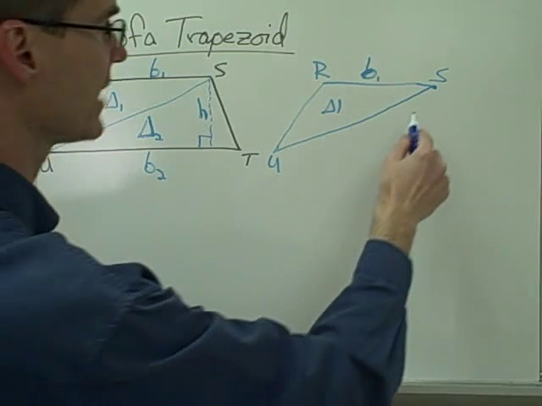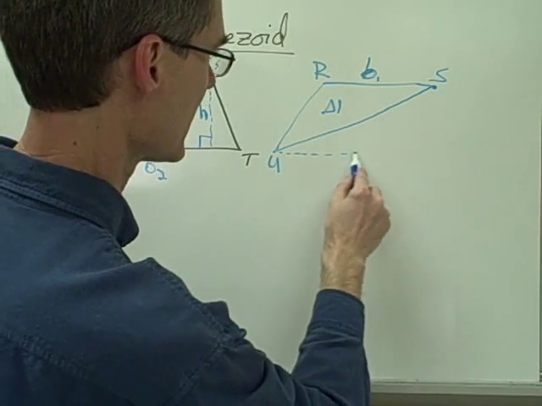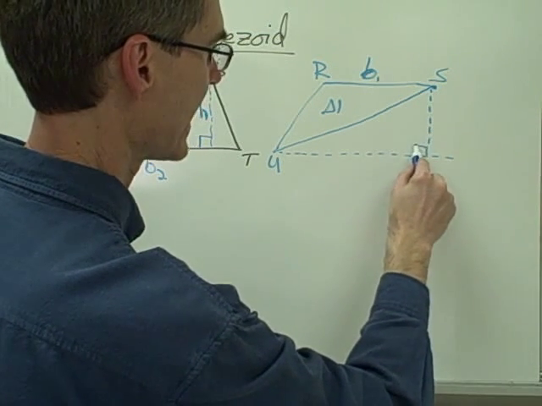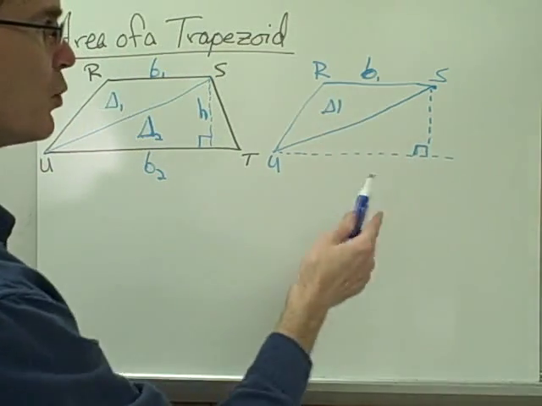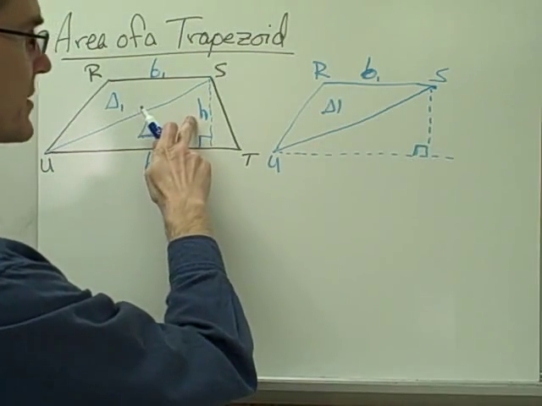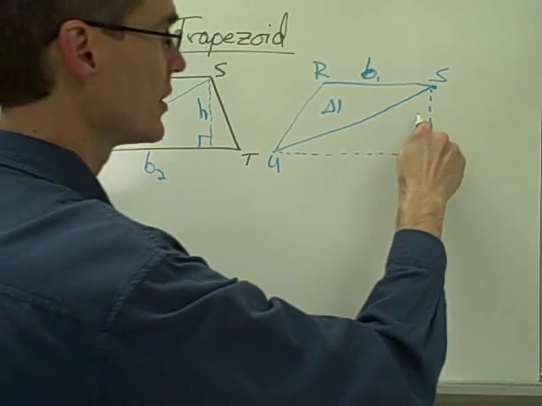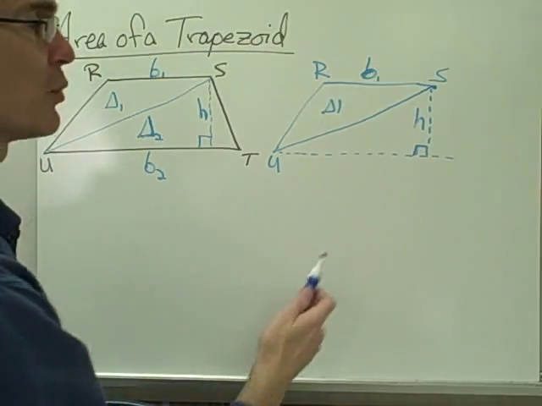That's the definition of an altitude. Well, if I draw it perpendicular to the opposite side, it means I need to extend this over here. Drop that altitude. So here's the altitude of triangle number 1. Well, notice it's the same as this altitude here, which I've already called H. So H is the height or the altitude of triangle number 1.